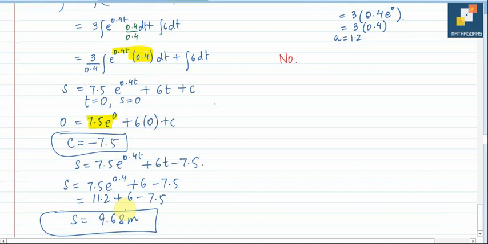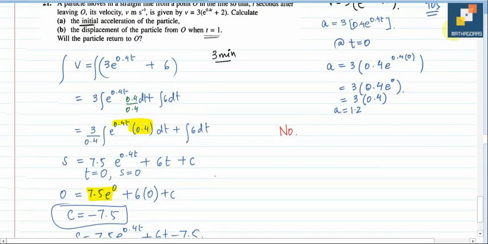And if you observe your s value, the distance value, if you increase the value of time, it won't be lesser than 9.68, right? At t equals 2, 3, 4, 5, 6, 7, the value of s can never be equal to 0. So that is why the answer is no. It won't return to the point O after t equals 1 second.